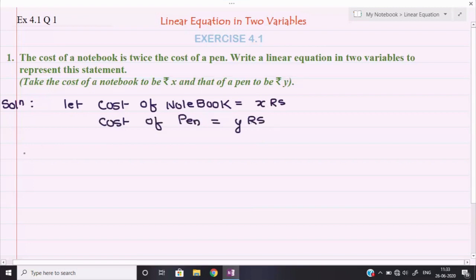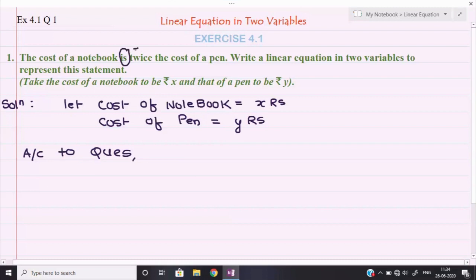Now what is given in the question? We shall write further according to the question. Whatever things are given in the question, I will try to write in the form of an equation. Remember, the word "is" will play a very important role.